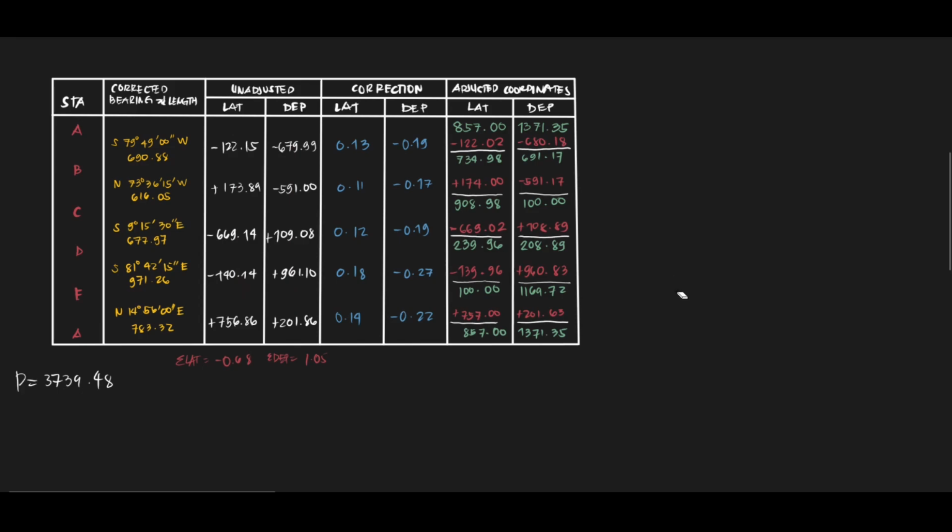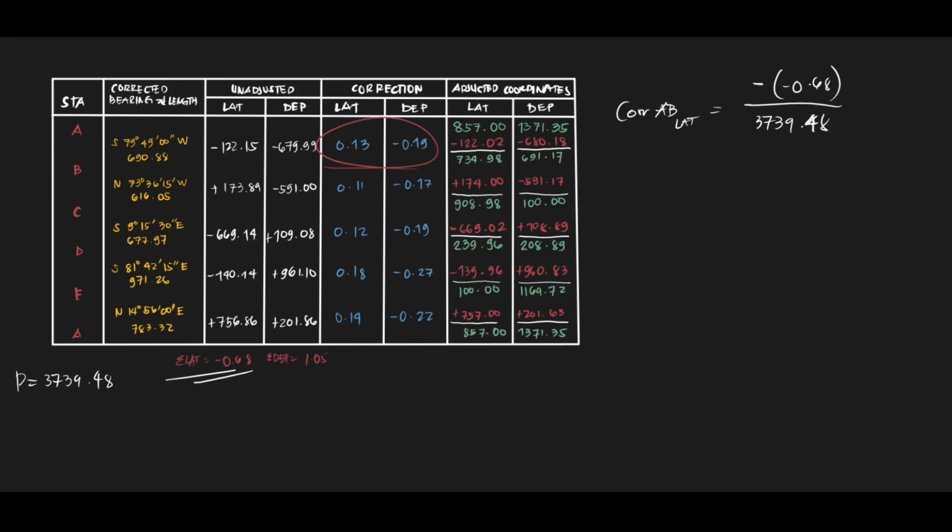Okay, so how are we going to adjust it using the compass rule? For the compass rule, let's say we want to get the correction. Let's focus on this line AB. So we want to get these values right here, the corrections. So correction AB, let's say this is the latitude, is equal to negative of the error, as you can see right here, total negative 0.68, and you divide that by the perimeter, which is 3739.48.